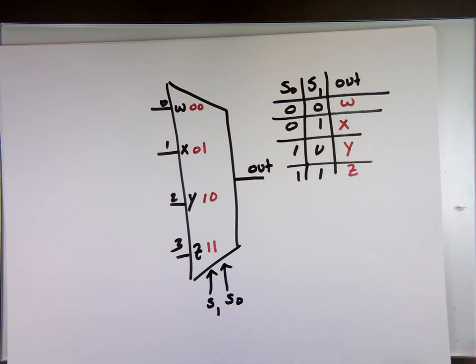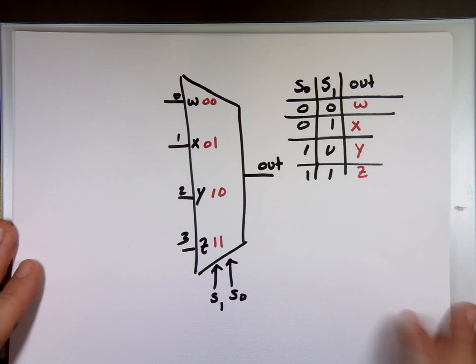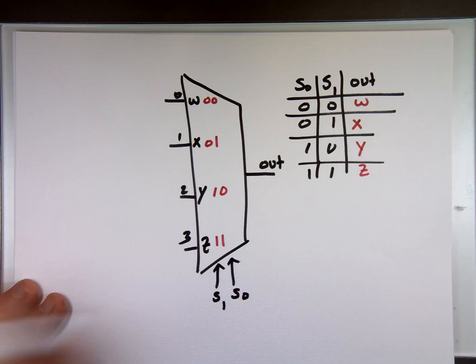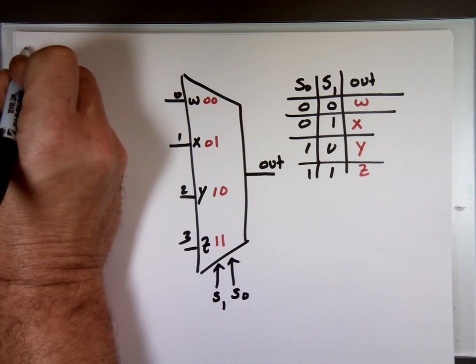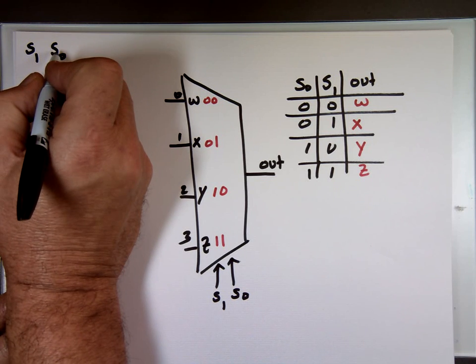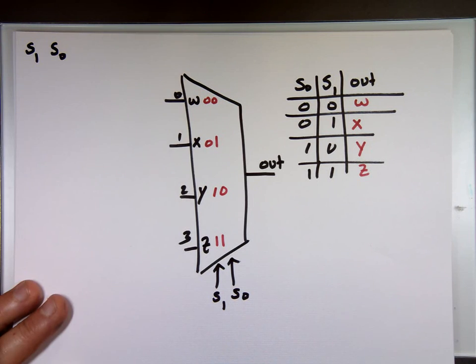What does the inside of that look like? You're actually going to have S1, S0. I know what to do.